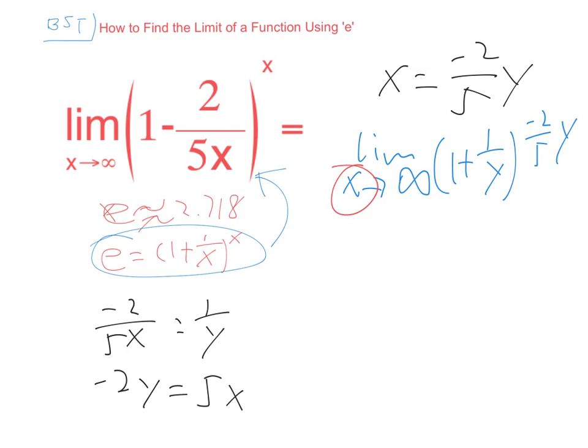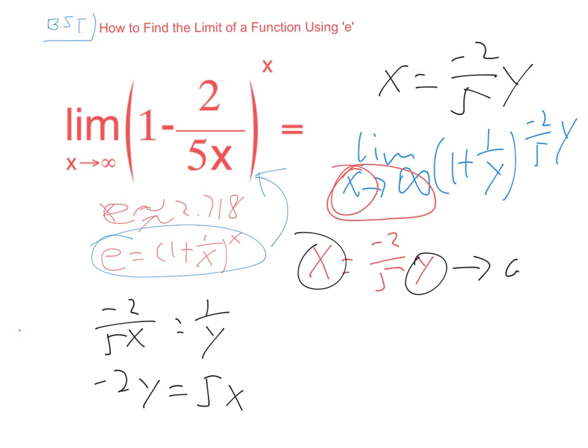And how am I going to be finding the limit as x approaches infinity? That's easy because x equals negative 2 over 5y. And as x approaches infinity, we know that y approaches negative infinity because there's a negative sign here.